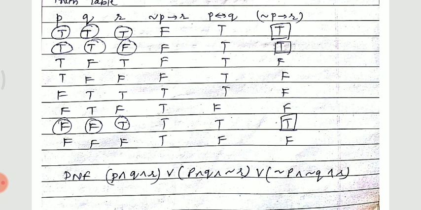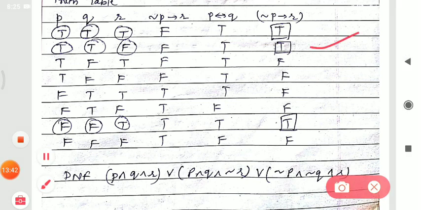Disjunction, because we are doing DNF, so it is a sum of fundamental conjunctions, so sum means or. Now the second T is TTF, so p and q will be the same, but F means r is false, so we have to make it true, that is negation of r.